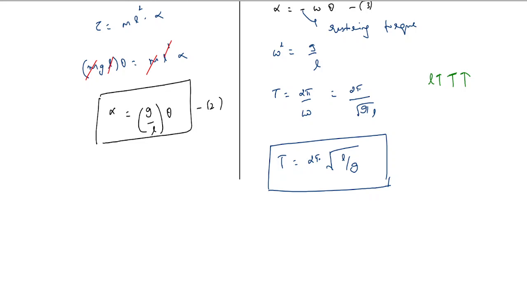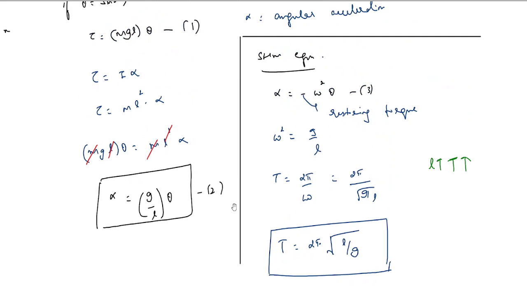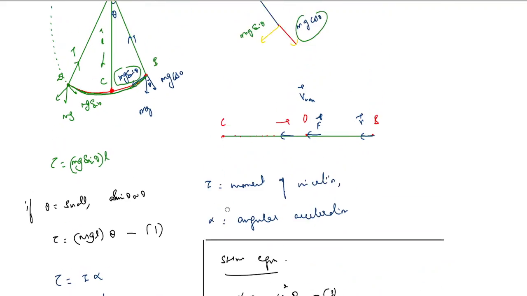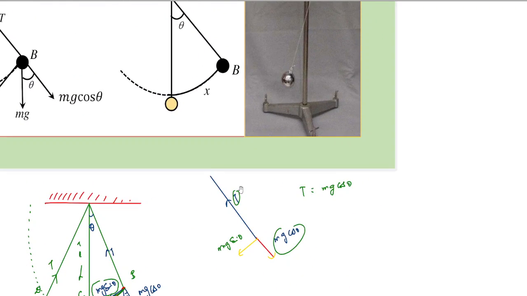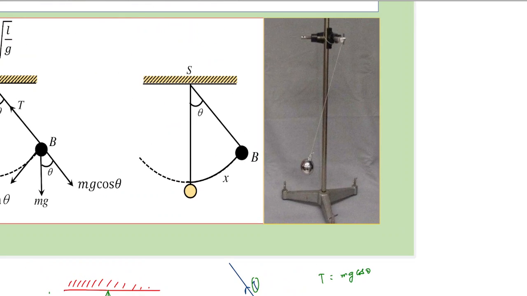A very important point here is that it is independent of the mass taken, which means whether we have a bob here, or we put some cotton, or put some wooden block, doesn't matter at all. As long as the length of the string is the same, whether you put a bob like given here, or cotton, or wood, or any material, as long as L is same, T also remains same.